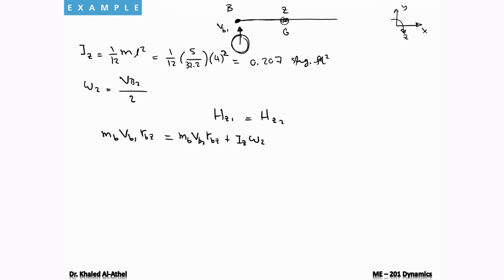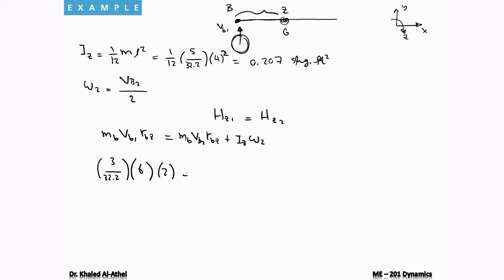So let me substitute the values. The weight of the ball was 3, so I'm going to divide it by g to make it mass. So it's going to be 3 divided by 32.2. V_B1 was given as 6. And the radius is basically this distance, which is 2 feet, was given to me.